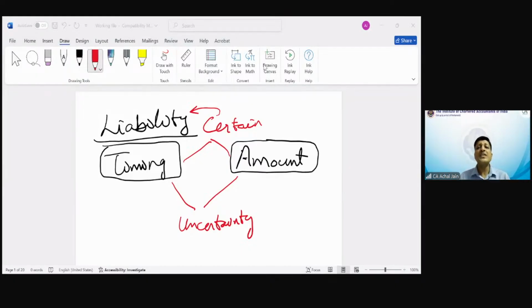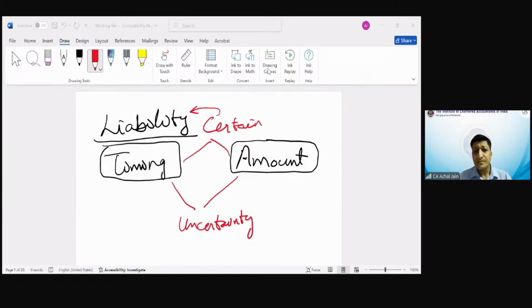If let's suppose there is uncertainty, then what will you do? Will you not recognize that? Tell me, will you not recognize that? What do you think? Priya says we'll recognize. Rohan says in such a case, we will have to estimate.